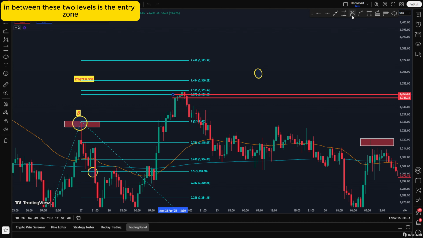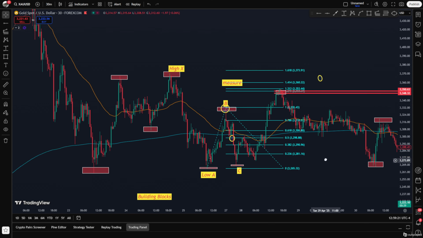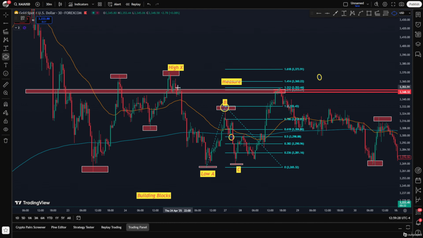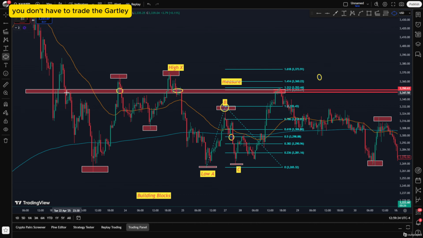In between these two levels is the entry zone. Sometimes the zone is small and tight, or sometimes it's large. Remember, you don't have to trade the Gartley every time that you see it.